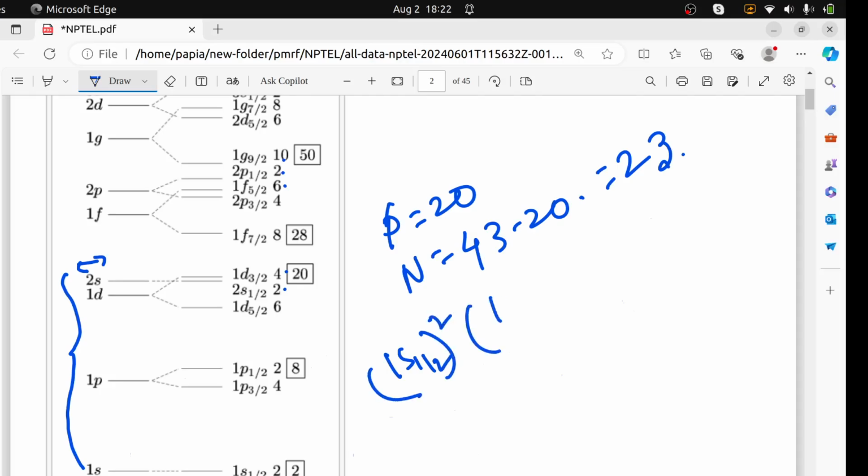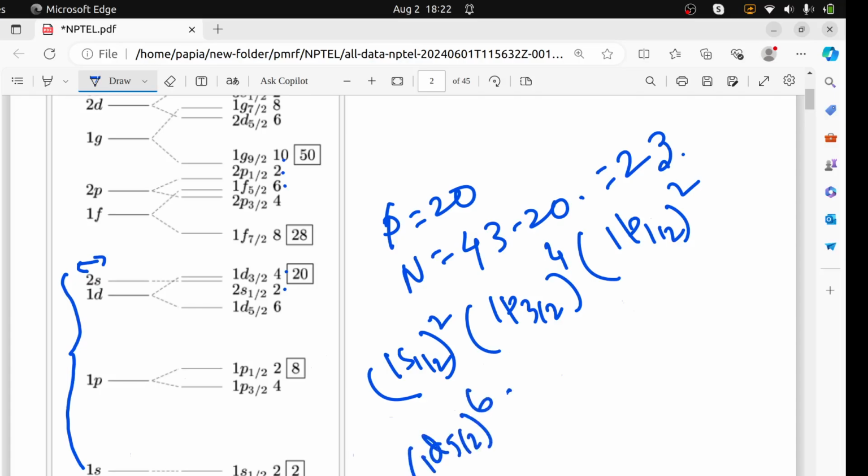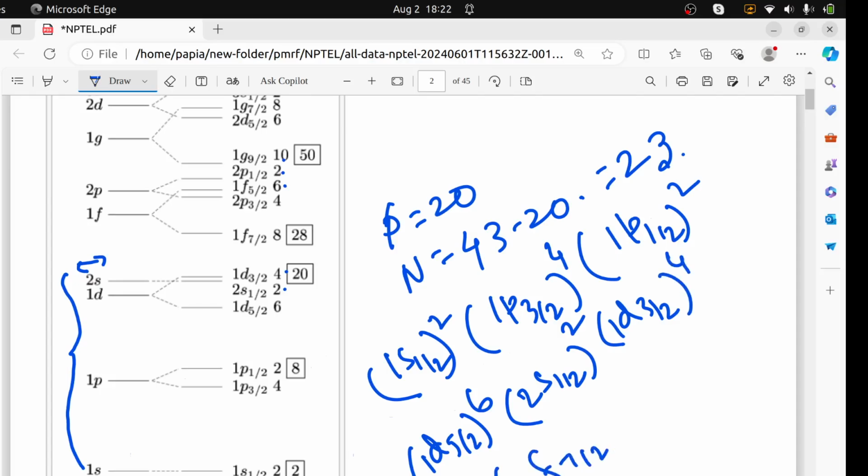1s 2, 1p 3/2 4, 1p 1/2 2, 1d 5/2 6, 2s 1/2 2, 1d 3/2 4, then 1f 7/2 3, because 3 was left. 23 minus 20 is giving us 3. So 3 neutrons were left, and they will go in this nuclear state.